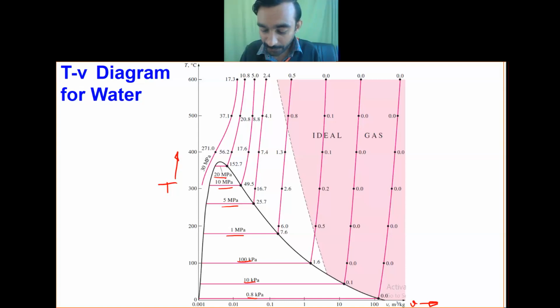Now if on these different pressure lines I take multiple points and plot the error corresponding to each point, how will I take the error?